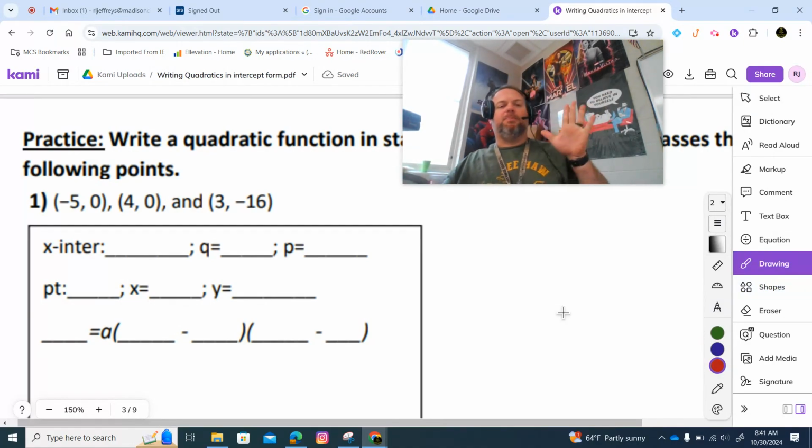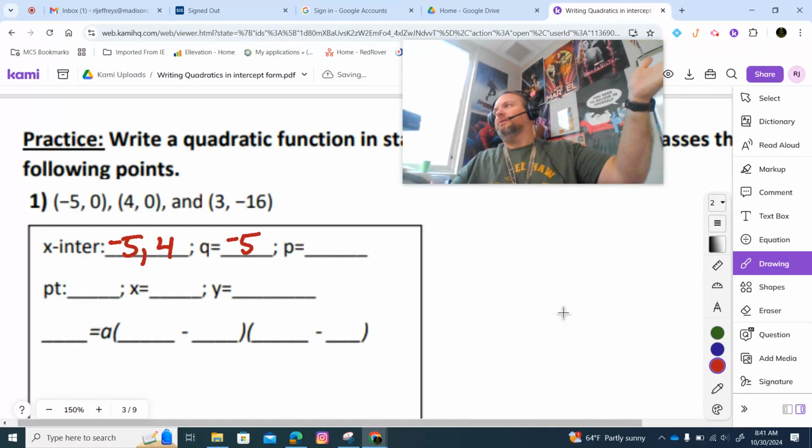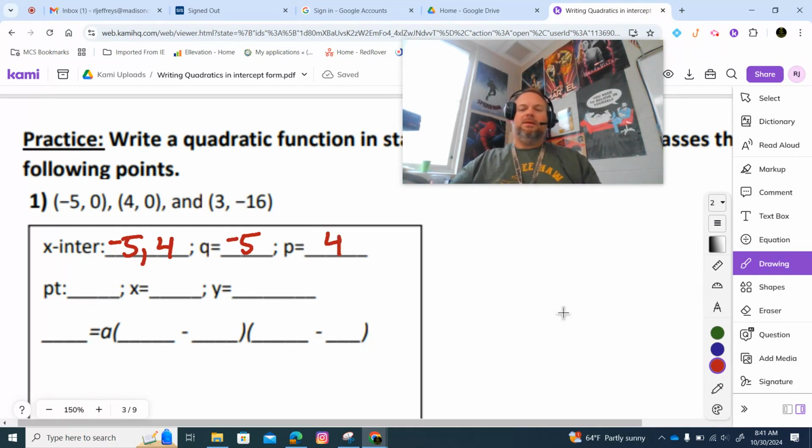All right, so here's our points. What's our x-intercepts? -5 and 4. That means Q is -5. I'm just saying Q is the first one. Okay? That means P is the what? 4. All right.